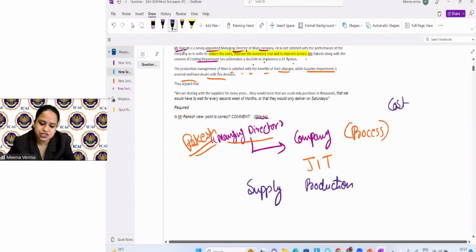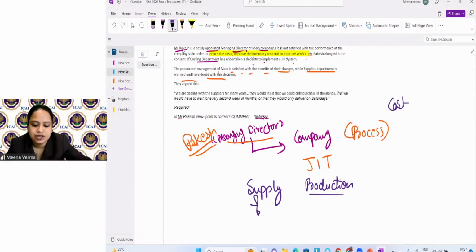So the production department is happy. It is good if you implement the just-in-time system, but actually the supply department has a doubt regarding implementation of just-in-time system.